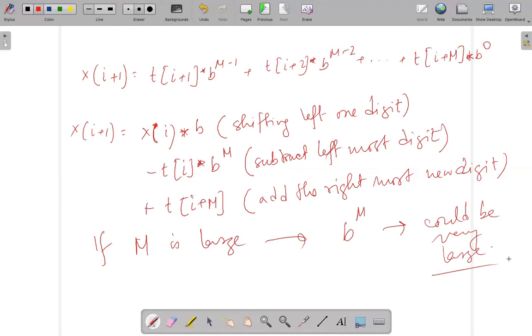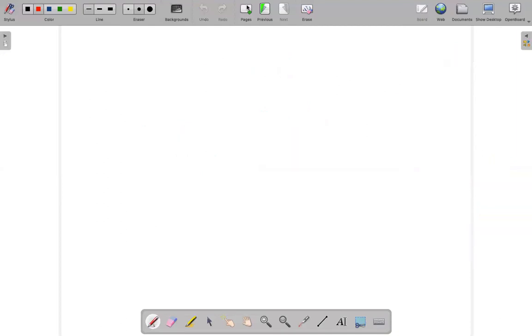So therefore what we do is we always express these numbers modulo q, okay, where q is a prime.